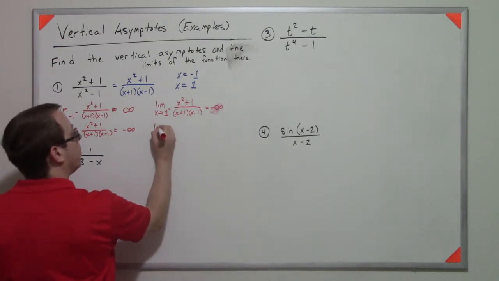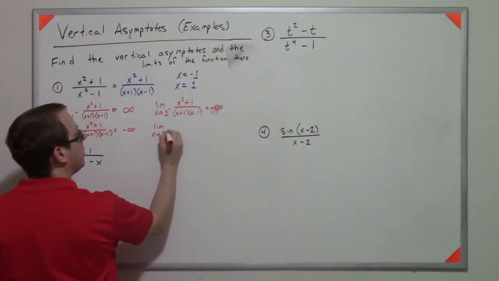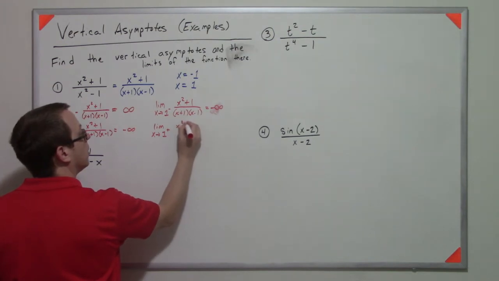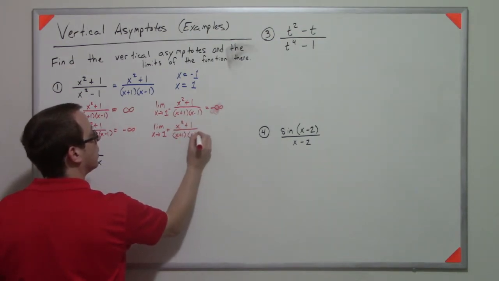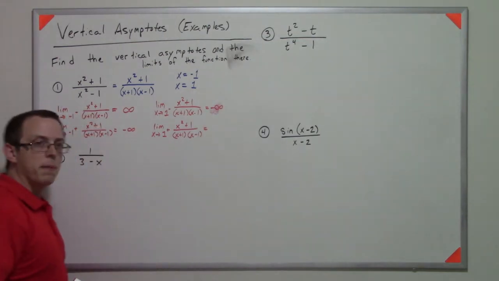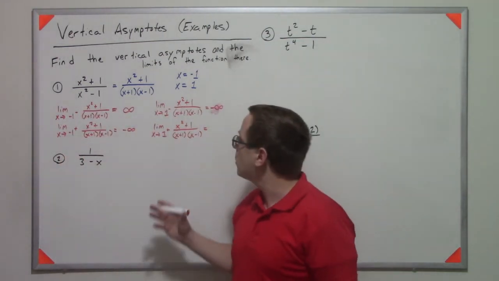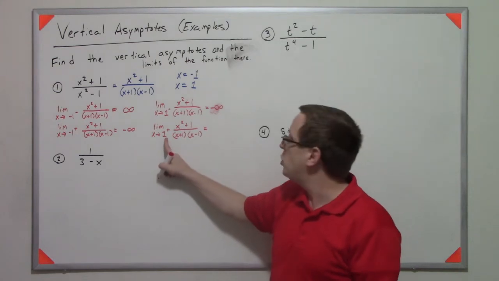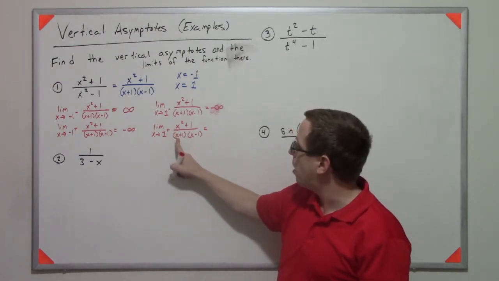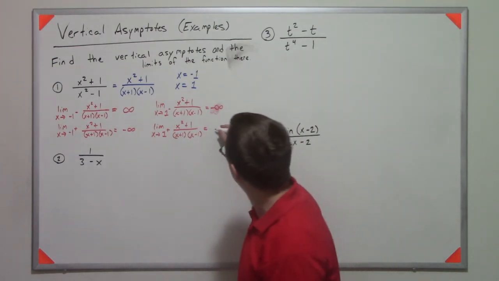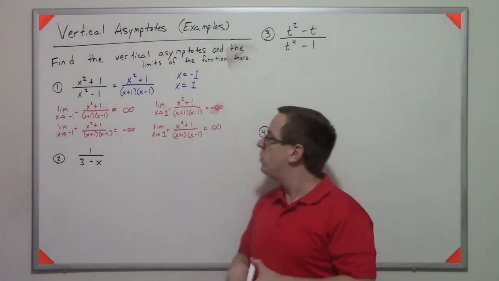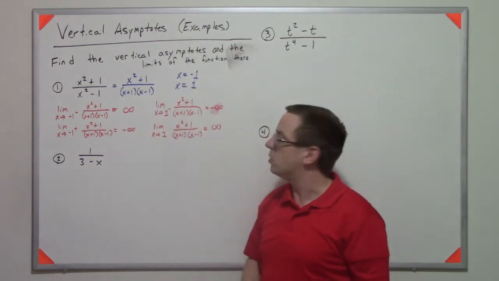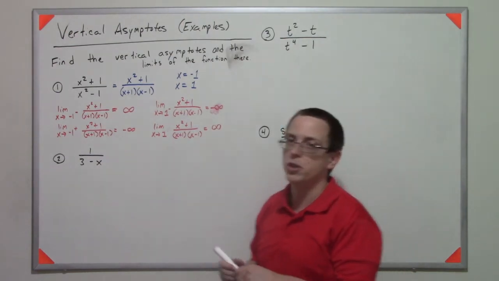And then finally, if we come at 1 from the right, let's pick a number like 2. That's positive, positive, positive, positive infinity. So that's how we would do this for this particular type of problem. Sorry, I smudged that out.